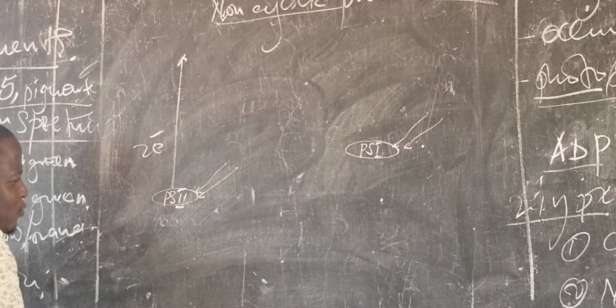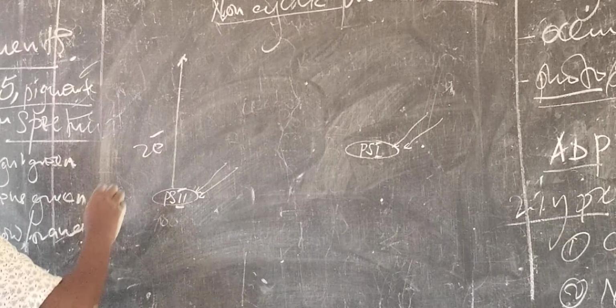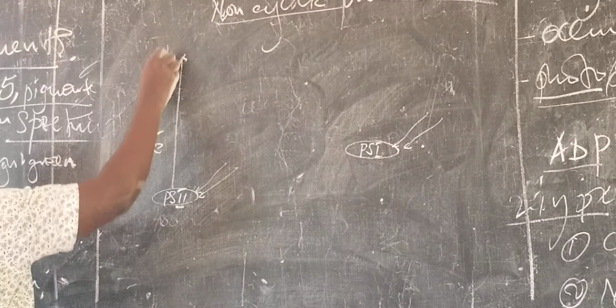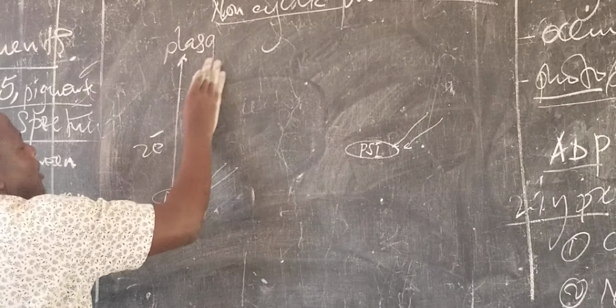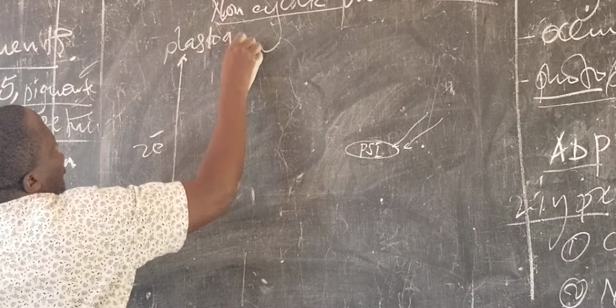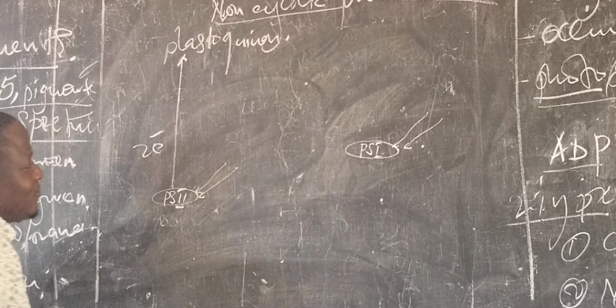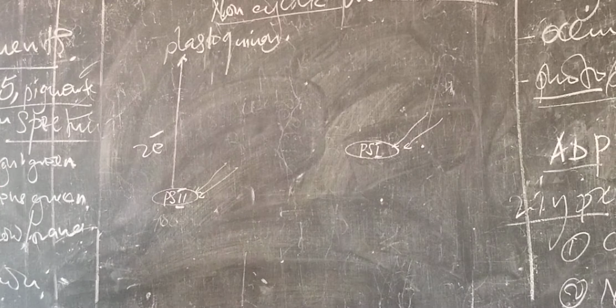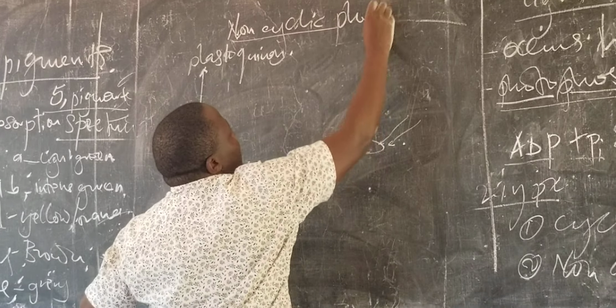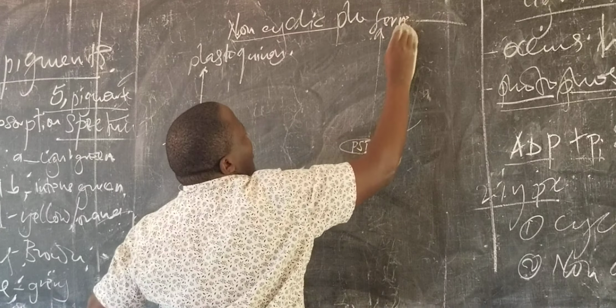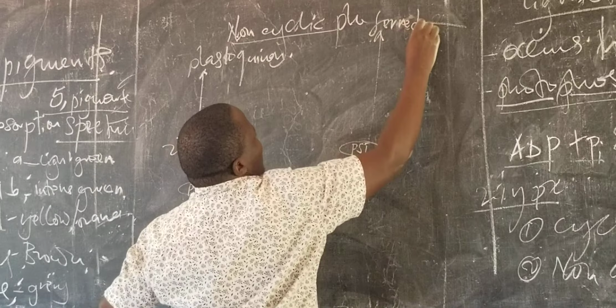Electrons from photosystem 2 are normally accepted by an electron acceptor called plastoquinone. Electrons from photosystem 1, which get to a high energy level, will be accepted by ferredoxin.